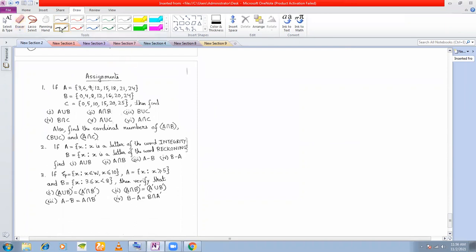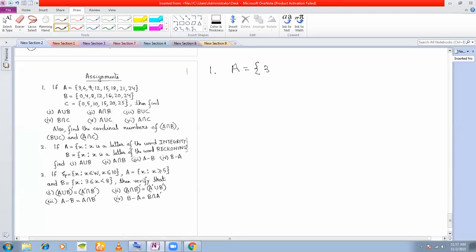Question number 1. Okay, 3 sets are given to you, A, B, and C, and you need to find out the following sets: A union B, A intersection B, and so on. Also find the cardinal numbers of A intersection B, B union C, and A intersection C. Let us write down the sets first.